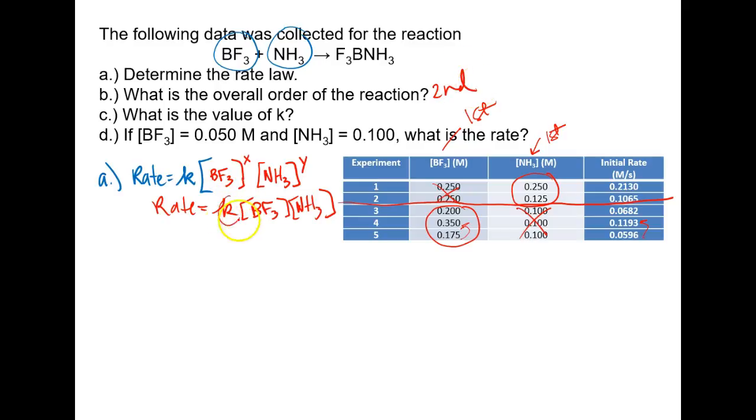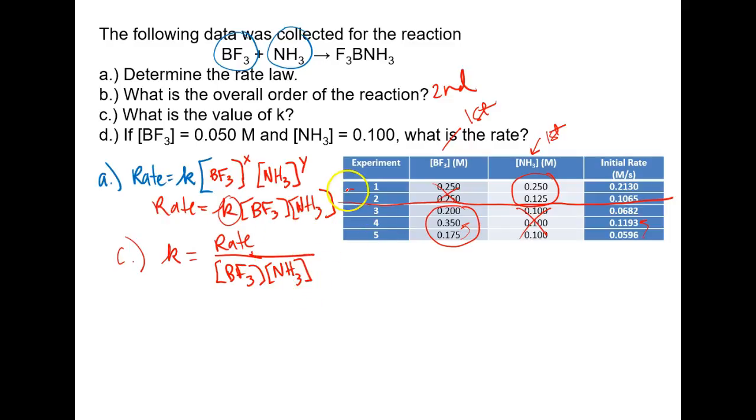What is the value of k to answer letter C? You can pick any one of these 5 trials to determine the k value, and I actually would encourage you to try more than one to prove to yourself that they are the same. But if I solve for k, k would equal rate divided by the concentration of BF3 times the concentration of NH3.